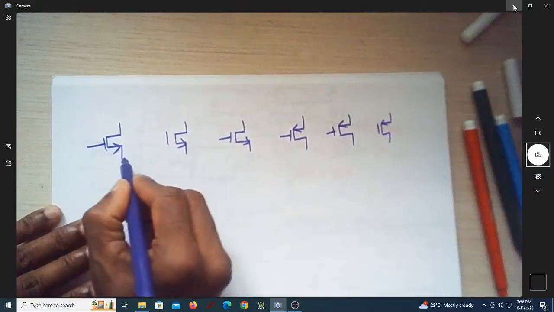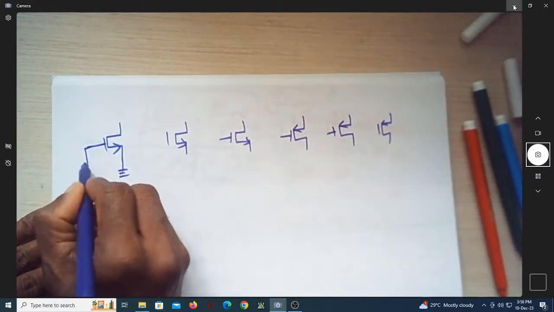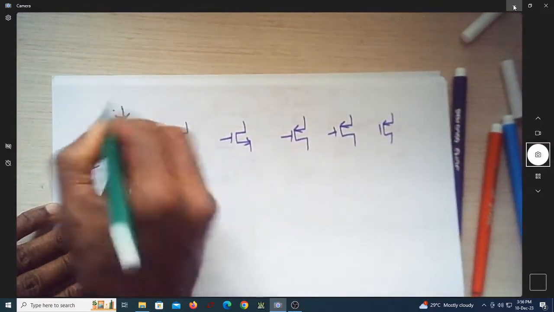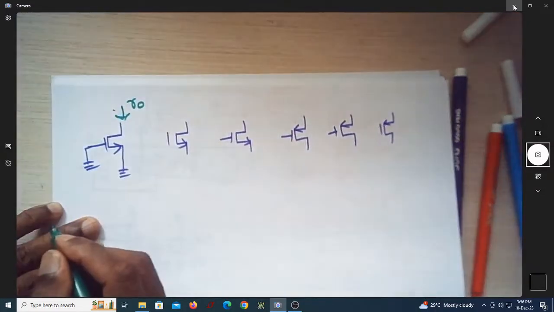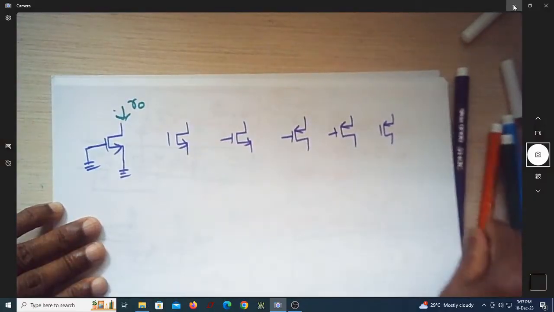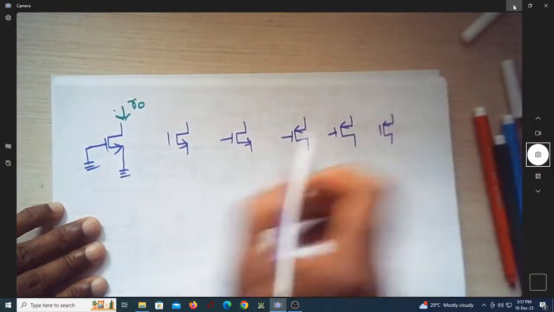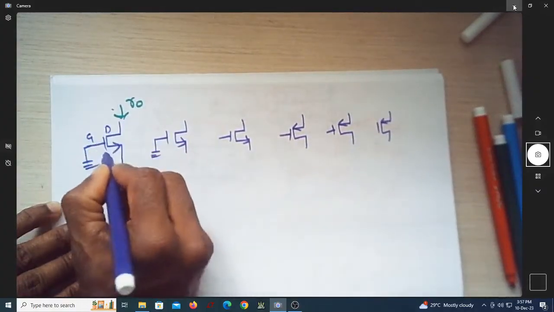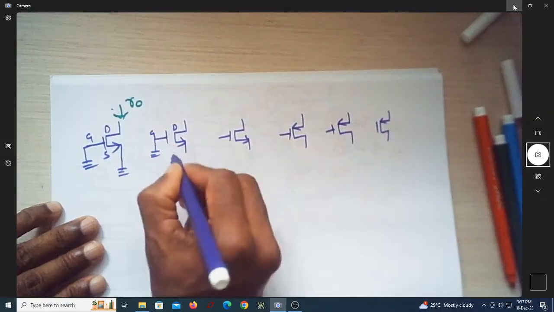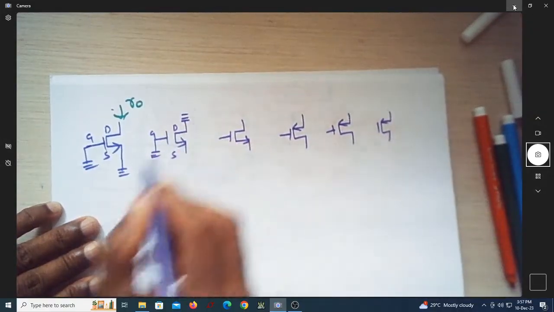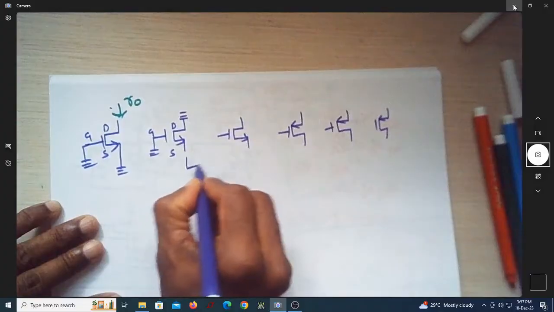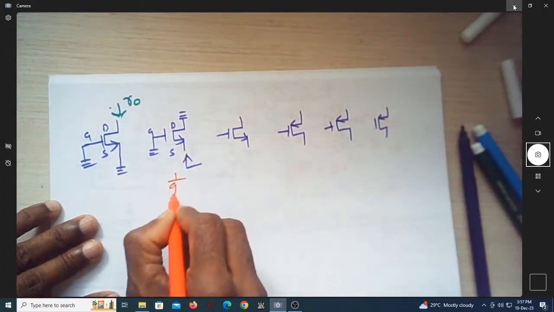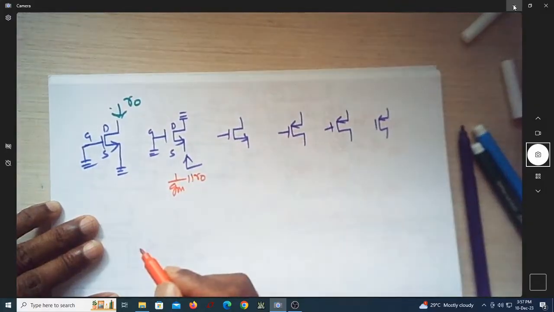Now if I AC ground this, the resistance looking into the drain is r0. Now let me AC ground this. Because we know that this is gate, drain, source, and this is again drain, gate, source. If I ground this drain, if I look into the source, the resistance is 1 over gm parallel r0.